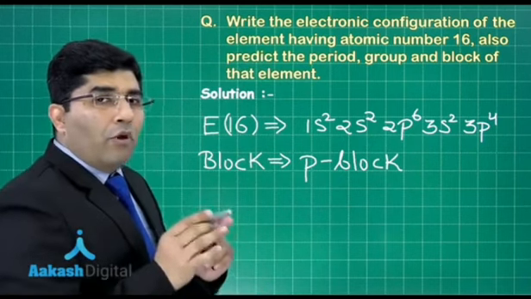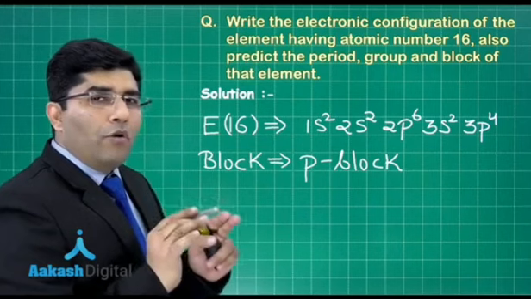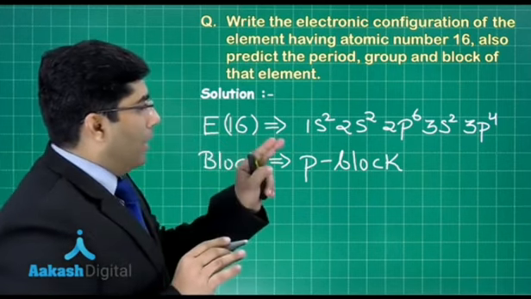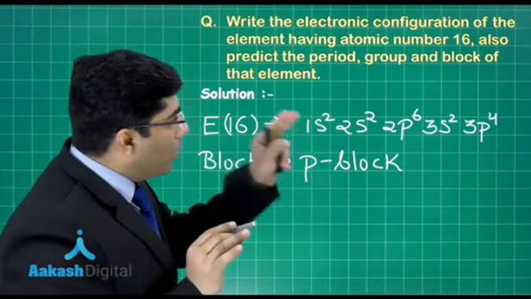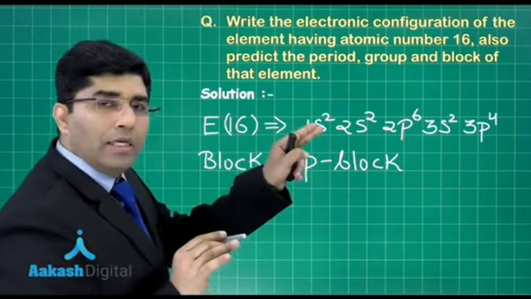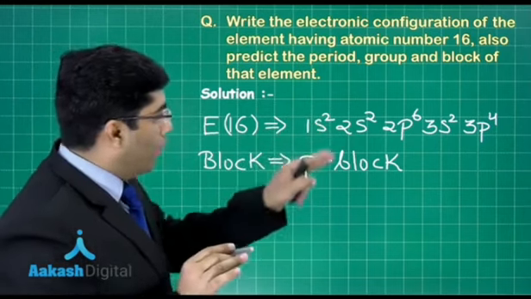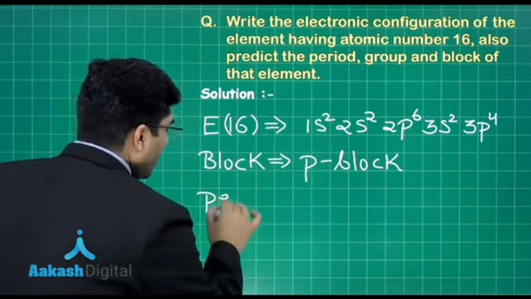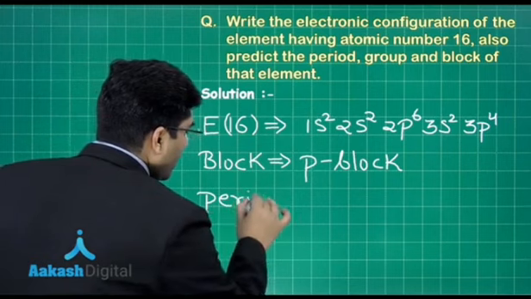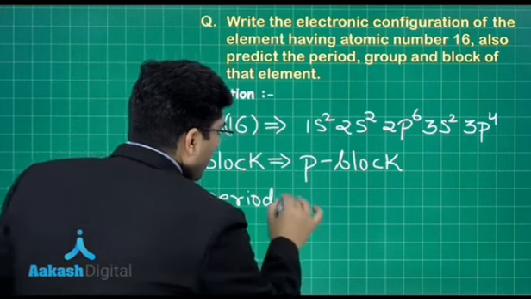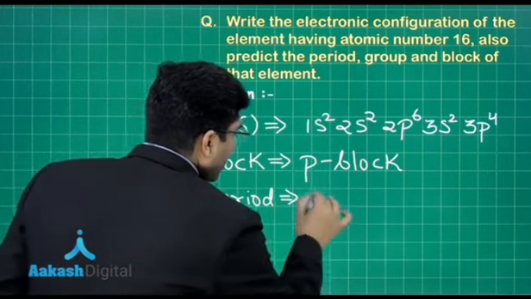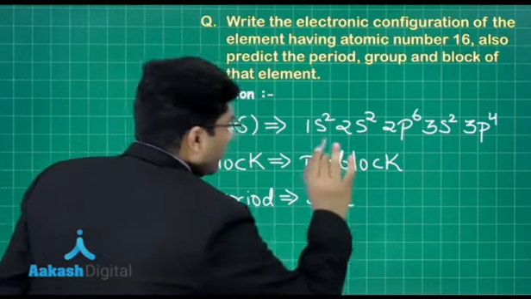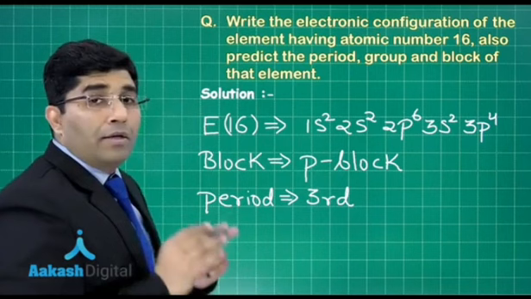What was the rule for the period? The rule was the principal quantum number. The maximum principal quantum number here is 3 because it is 3p4. So the period is the third period.